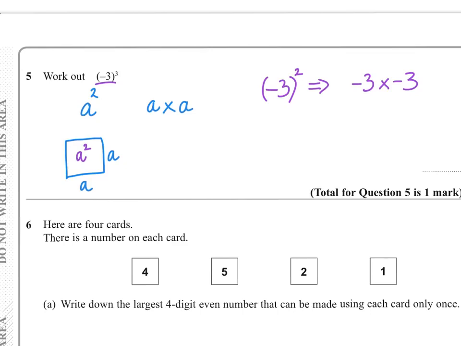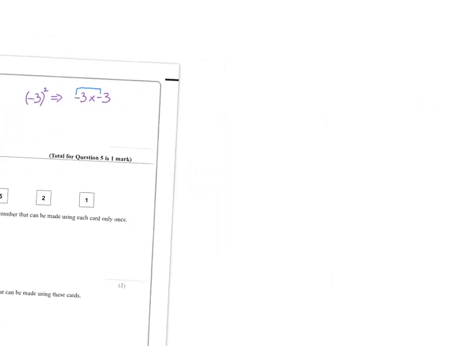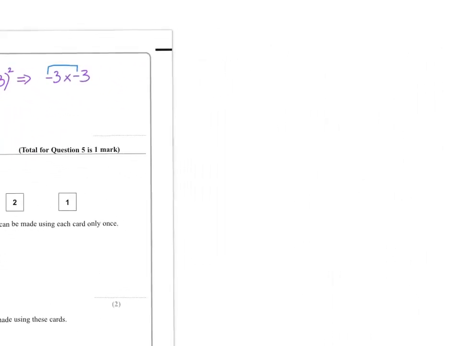Now, for some of you, you find it very difficult to understand why a negative multiplied by a negative is a positive. Well, let me try and do a quick explanation.